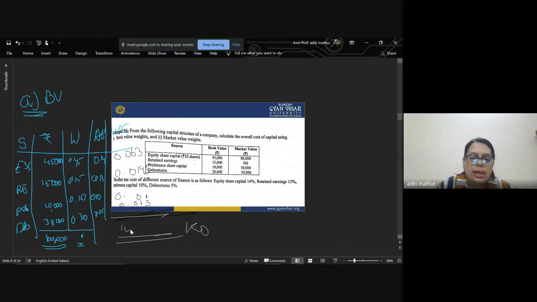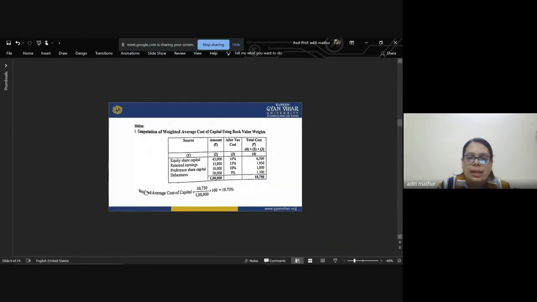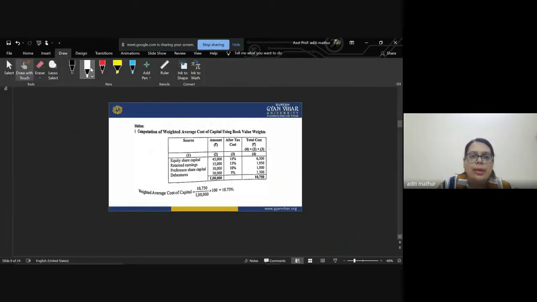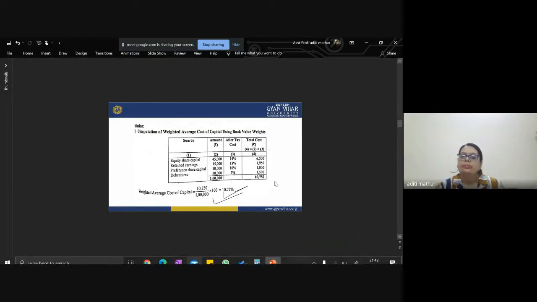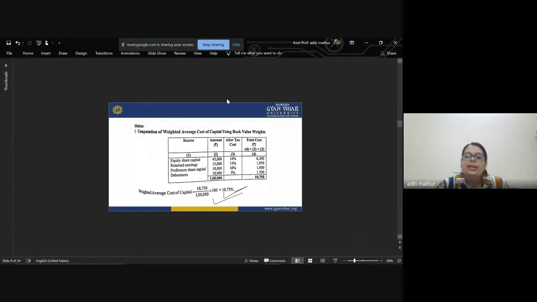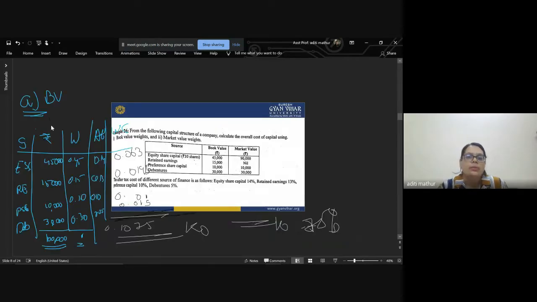It is 0.1075, which is equal to 10.75%. Let us check the answers. Yes, it is 10.75%. Right? So in this question, a different way is used, but I always recommend you to use this way to formulate the answer.